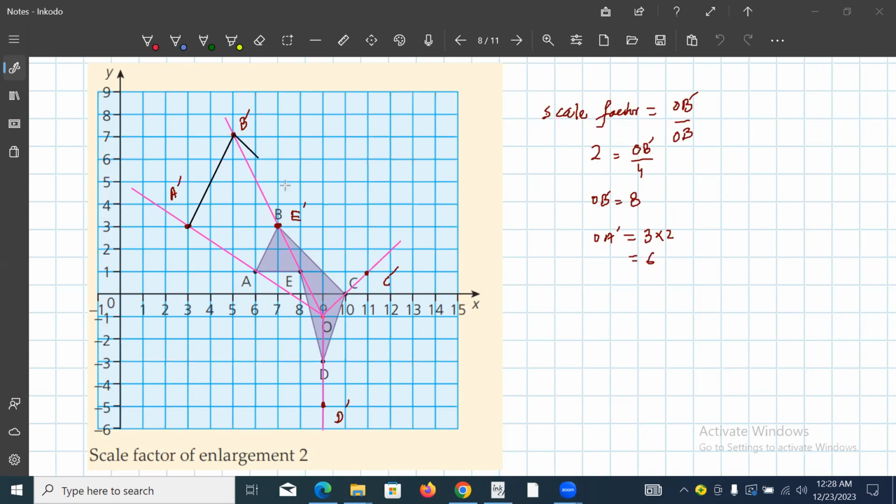B to C dash, C dash to D dash, D dash to E dash, and then we can connect A to E dash. I hope you understand the enlarged shape.